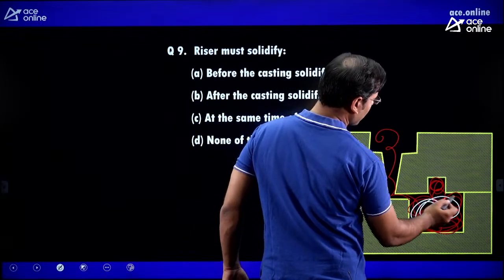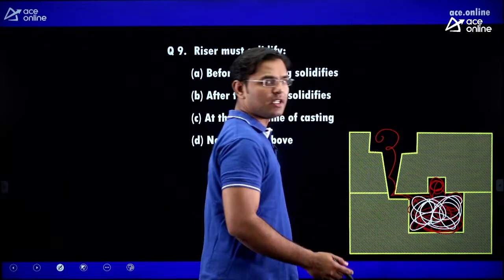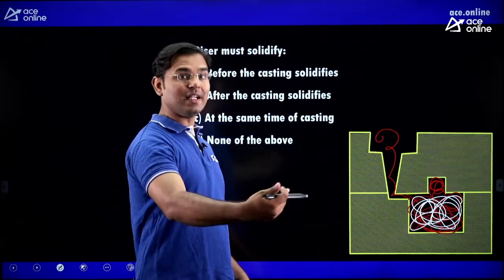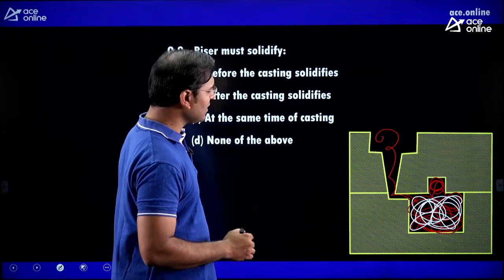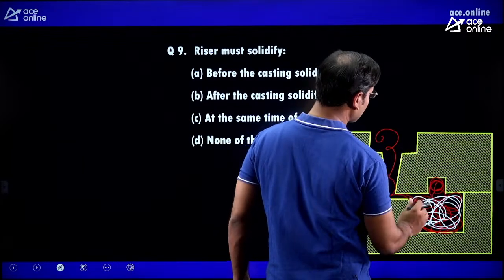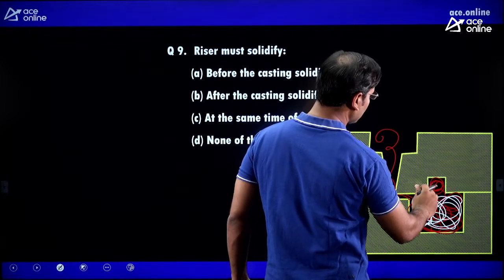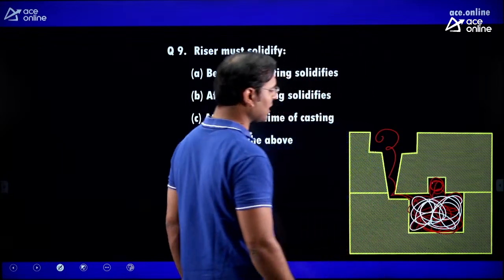And when this molten metal is converting into solid, then the shrinkage is going to happen. And if the shrinkage is going to happen, then whatever volume of molten metal is present in the riser, that riser needs to supply that molten metal.